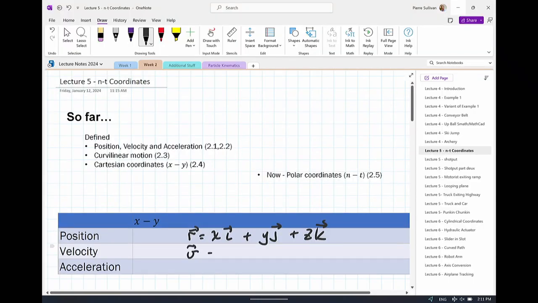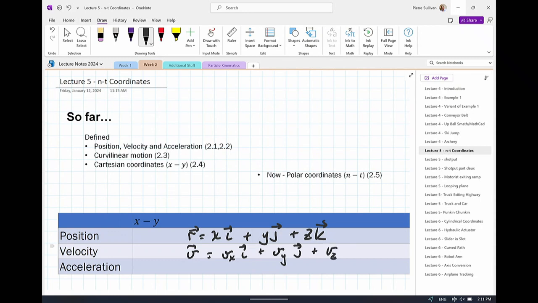Velocity is going to be more important today. And finally, acceleration, which is useful for both.